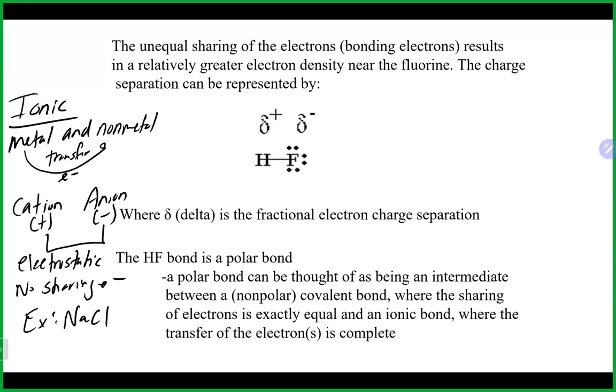On the other end of the extreme, we have a nonpolar covalent bond, or just a nonpolar bond. And that is always between two nonmetals, where we have equal sharing of electrons.